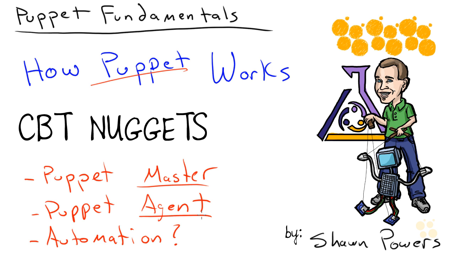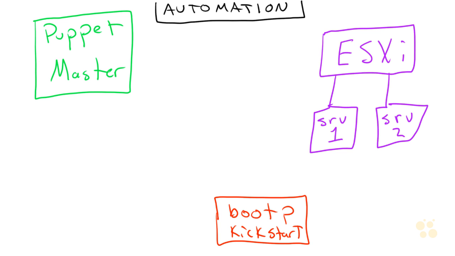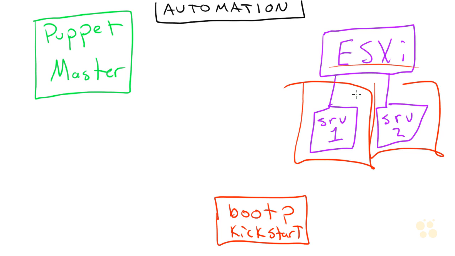And most people think that the best thing you can do with Puppet is automation of your entire infrastructure or your entire system. And I have a friend named Kyle Rankin, and you may have heard of him. He's written a bunch of Linux books, but Kyle Rankin uses Puppet religiously, and he has this really cool system where there's an ESXi instance, and it spins up different virtual machines, and based on the MAC address of those machines, which can be custom created, they boot up to a bootp server using DHCP.